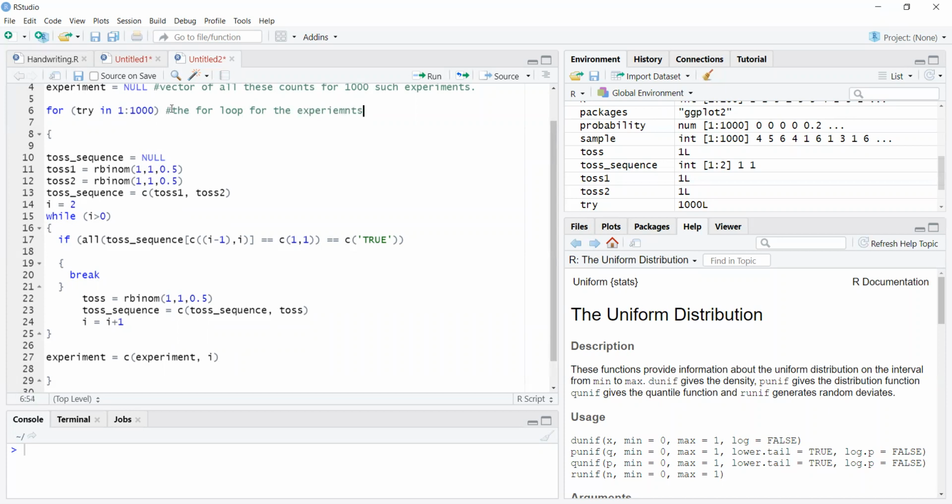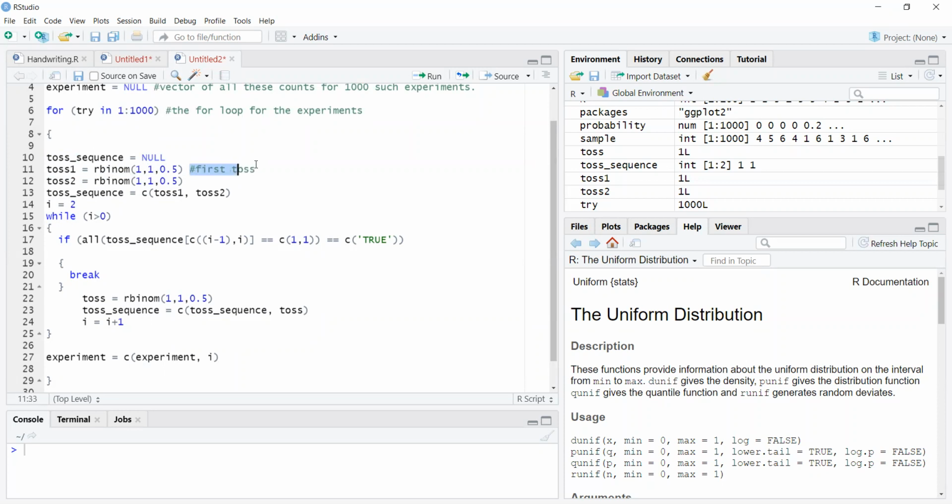Now inside each of these experiments, this is the main idea: you first set the toss sequence equal to NULL, a sequence of tosses in the corresponding experiment. Then you do the first toss, rbinom(1, 1, 1). This is the first toss.